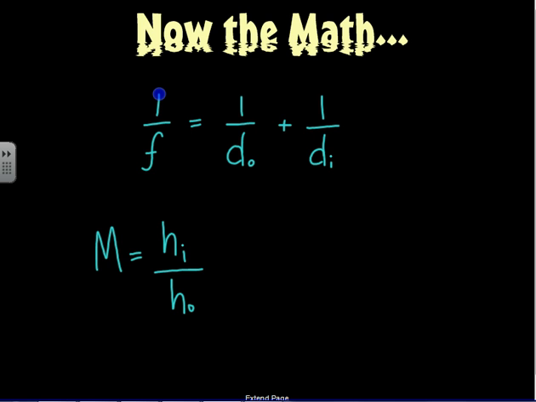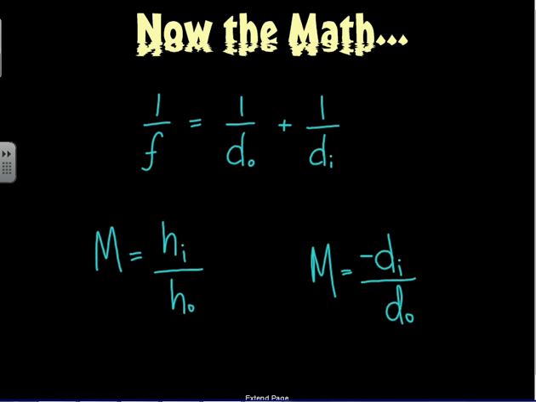Our third and final equation tells us that magnification is equal to negative di over do. The negative image distance divided by the object distance.